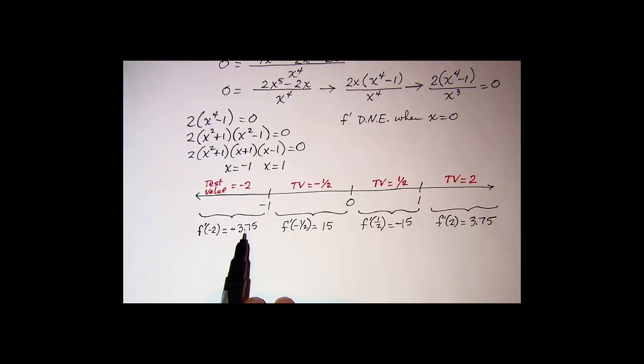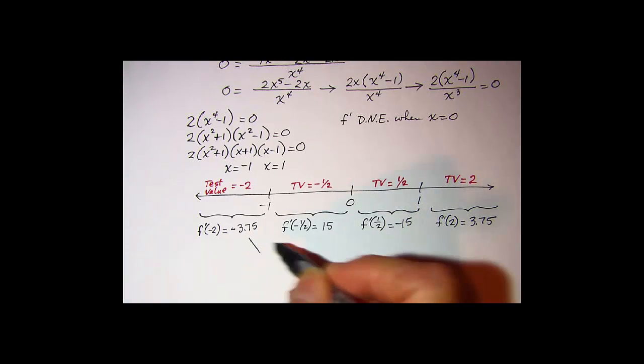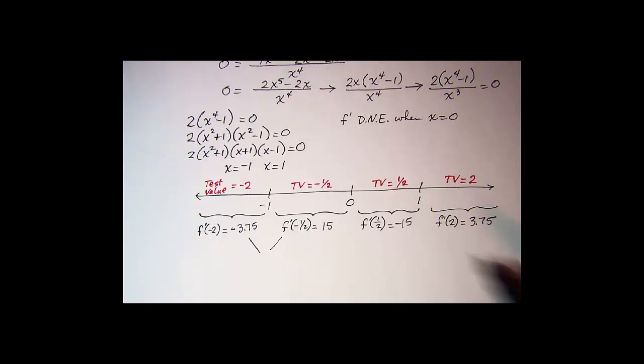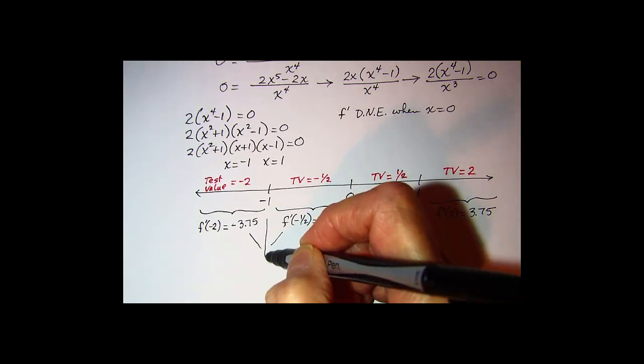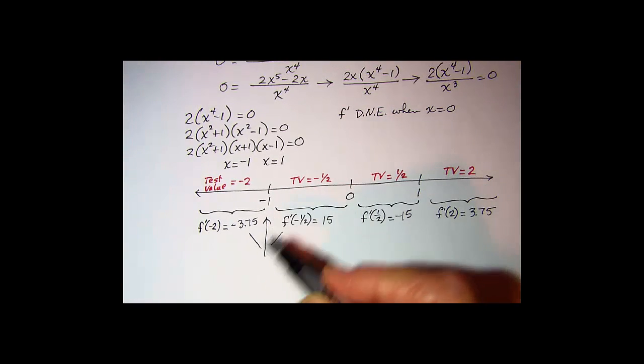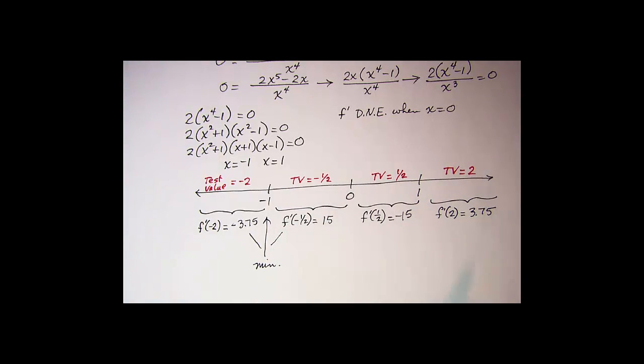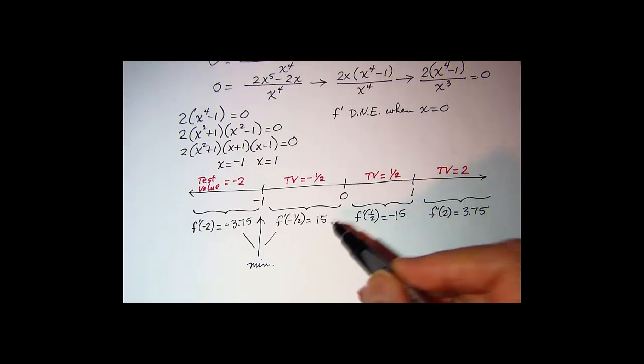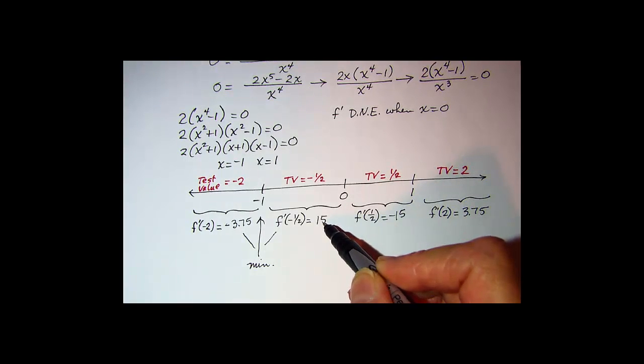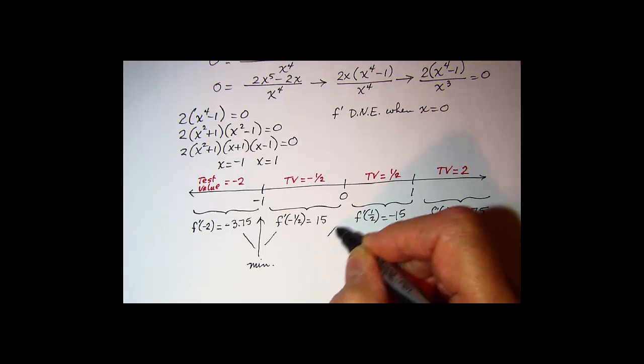So our derivative is negative in this interval and positive in this interval. So this critical number may represent a minimum. Our derivative in this interval is positive.